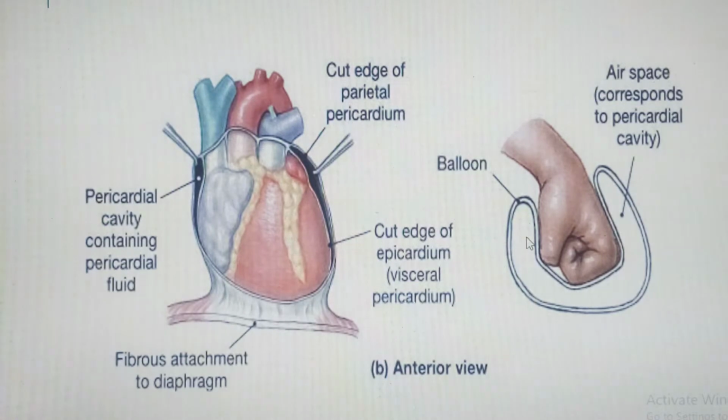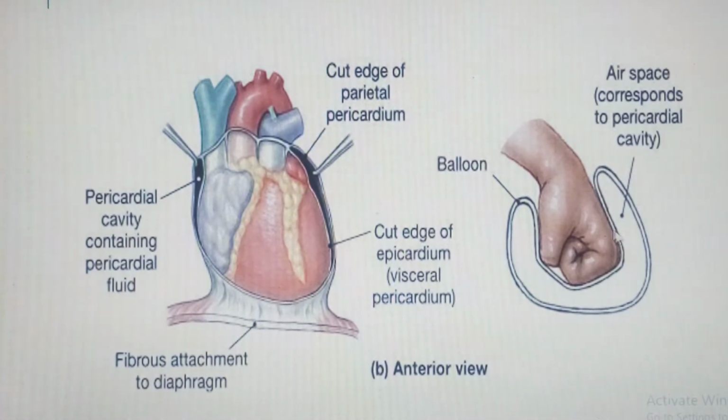Now this serous pericardium, let me use this one to explain. If this is the heart, this portion of the balloon that is intimately associated with the heart is known as the visceral layer of the serous pericardium.